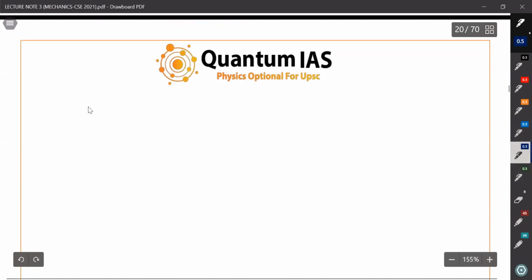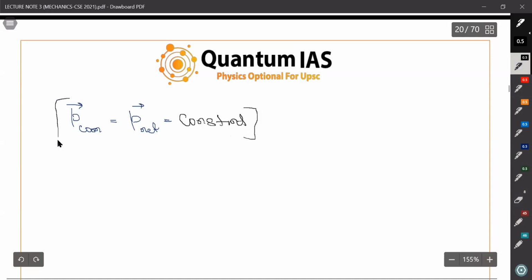This p center of mass, equal to p net, will become constant. And this is what we know as conservation of momentum.